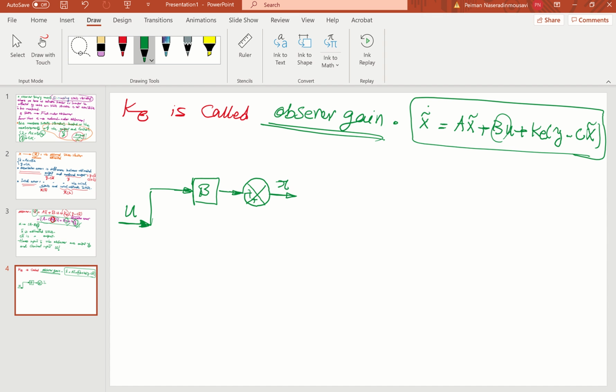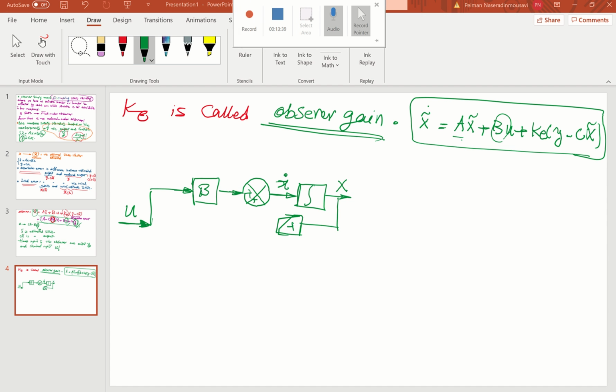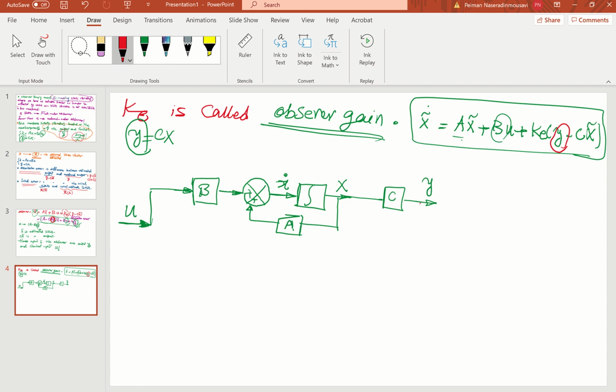It gives you x dot, but you have to have an integrator to give you x. This x is multiplied by A. If x is multiplied by C, it is going to be y, because y is equal to Cx, remember? But we are using this y here, so one branch of the y goes here because we are estimating.